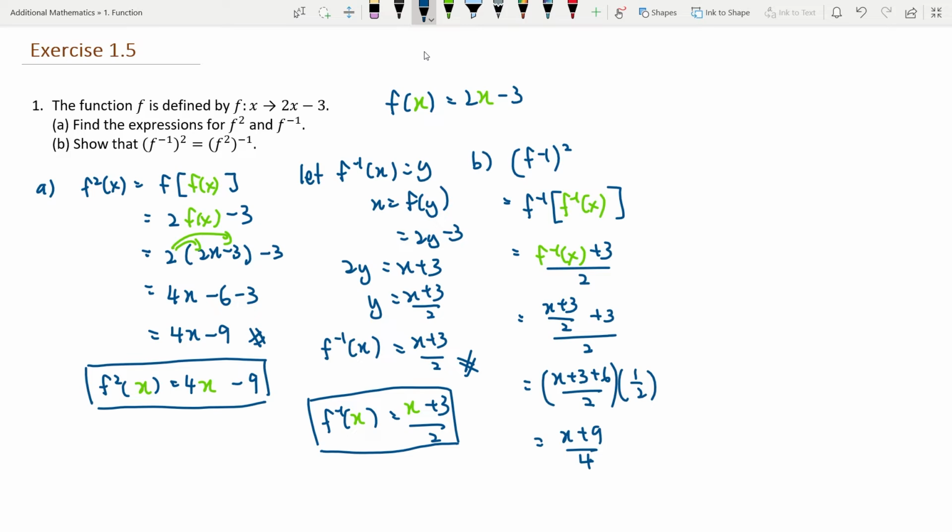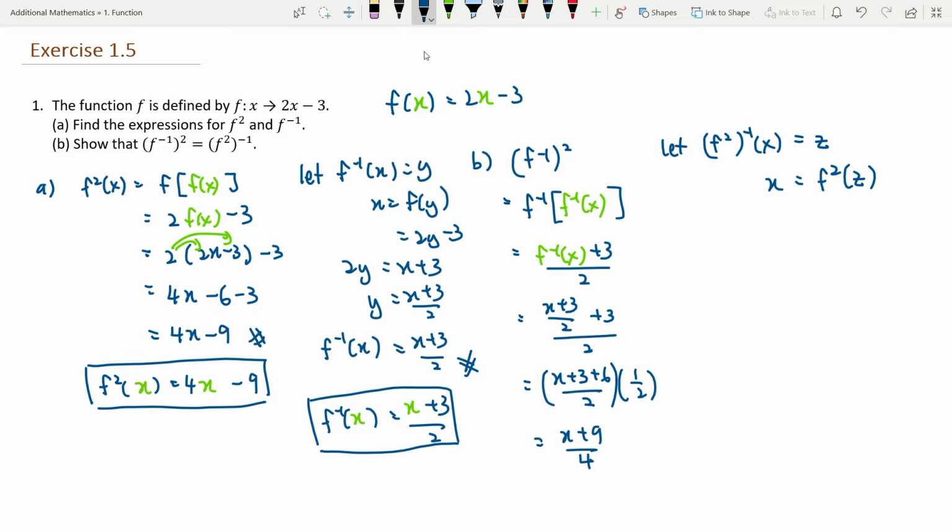Then, we need to find f squared inverse. The function f squared we also already obtained in part A. To find the inverse of f squared x, we let the inverse of f squared x equal to z. x is equal to f squared z.